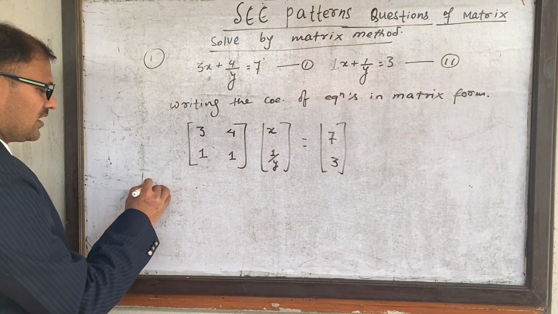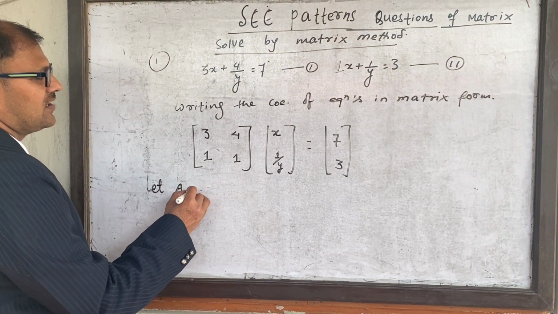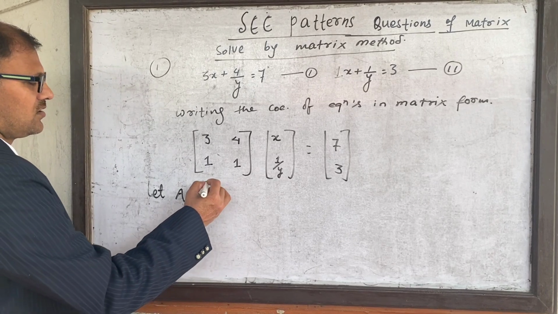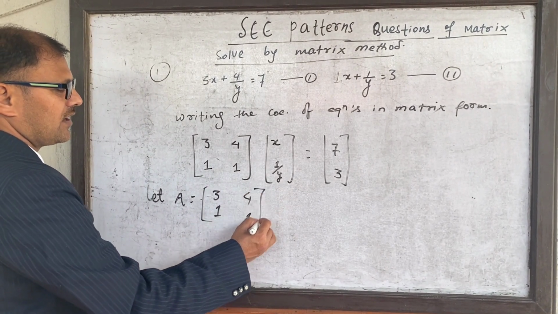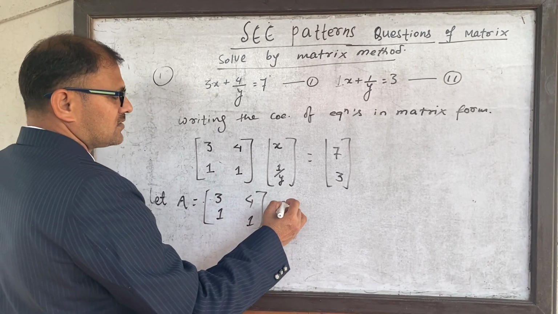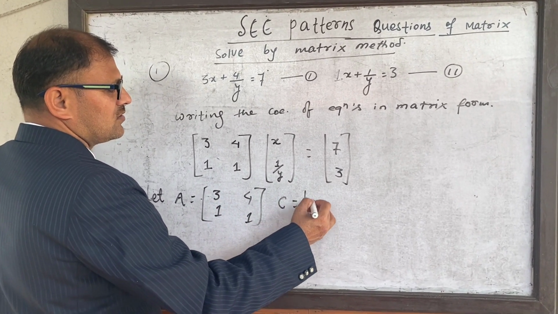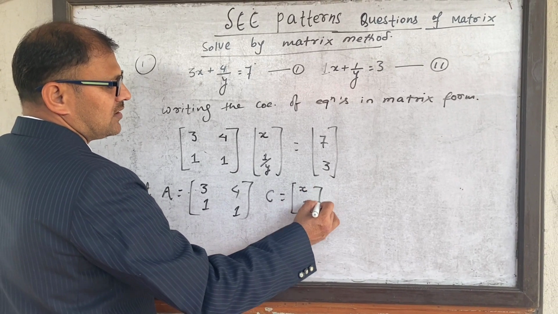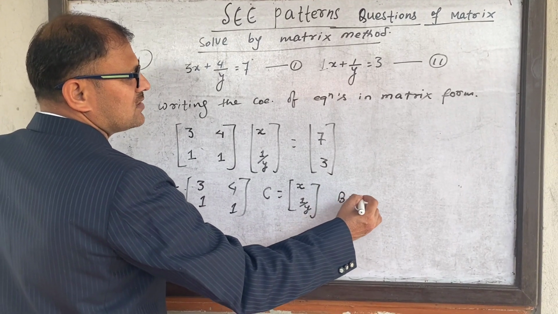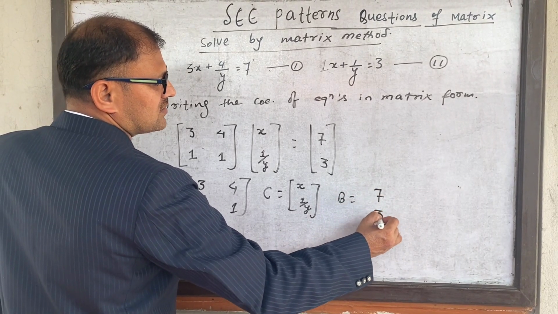Now suppose A is equal to 3, 1, 4, 1, and C is equal to x, 1 by y, and B is equal to 7, 3.